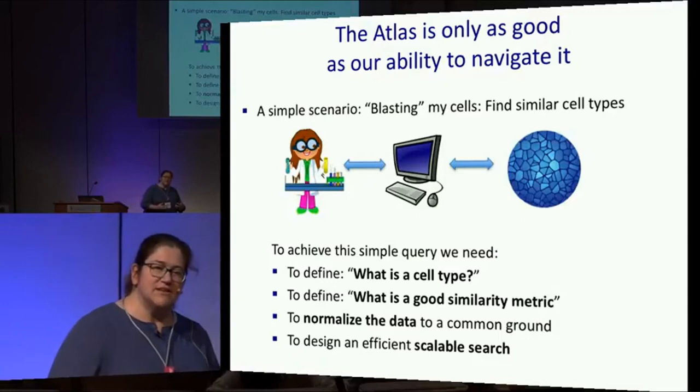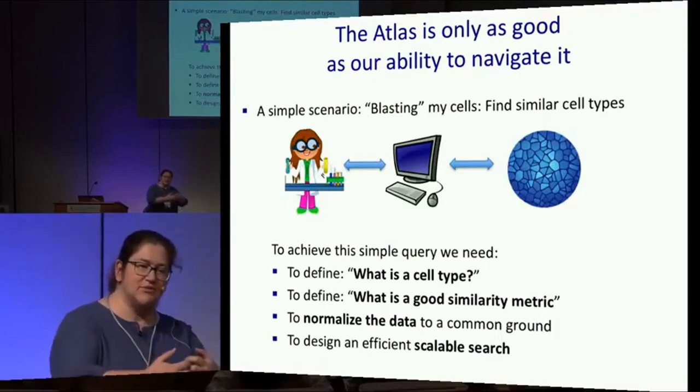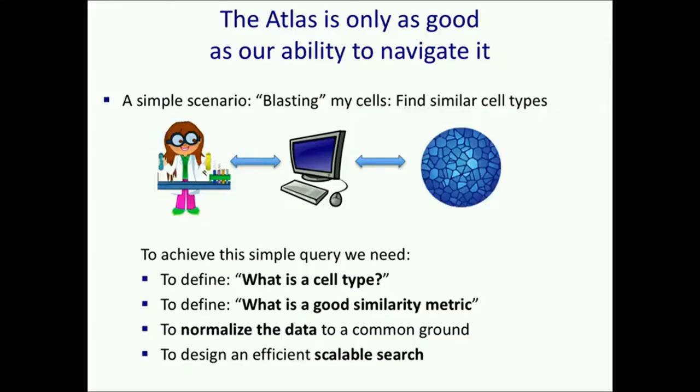What does it mean that my data is similar to something in the Atlas? We have to define a biologically meaningful similarity matrix. We have to normalize the data. If the data is not properly normalized inside the Atlas, we're not going to be able to make meaningful similarities. And finally, with billions of cells, we need to develop this search in a scalable manner, so the PhD student will be able to graduate before the search is done.